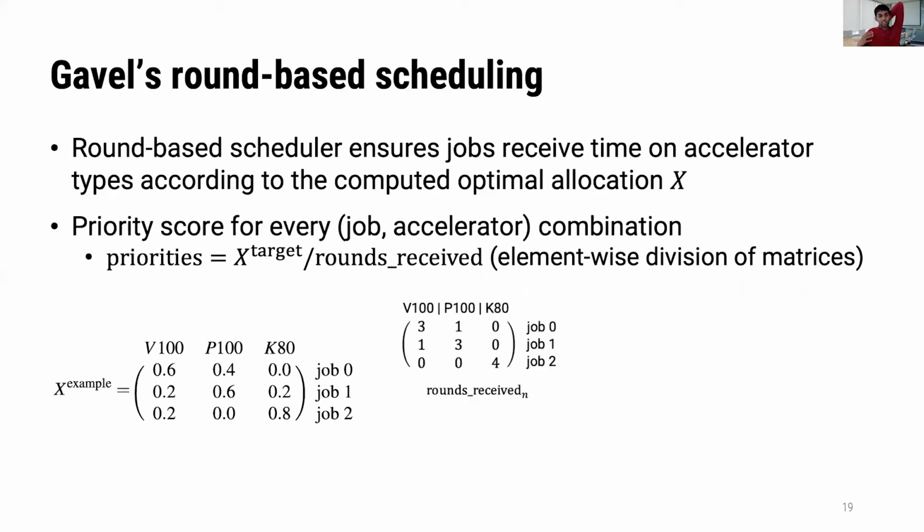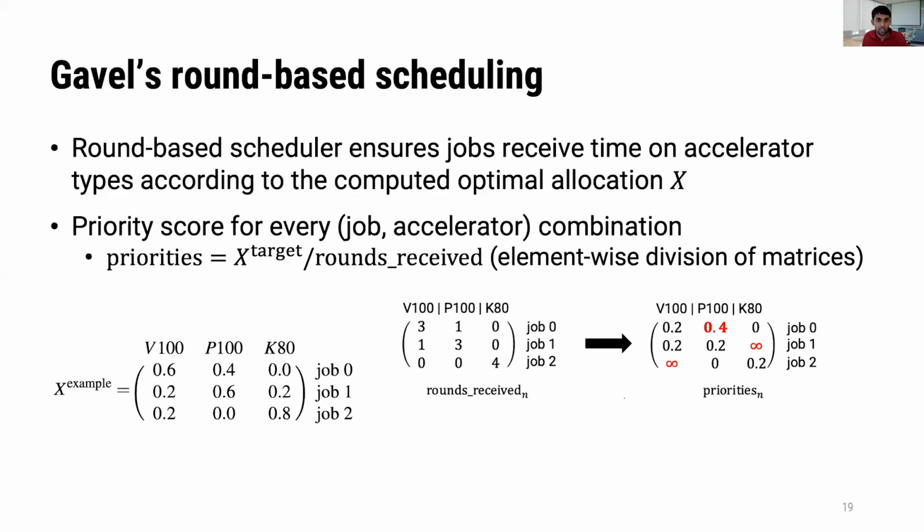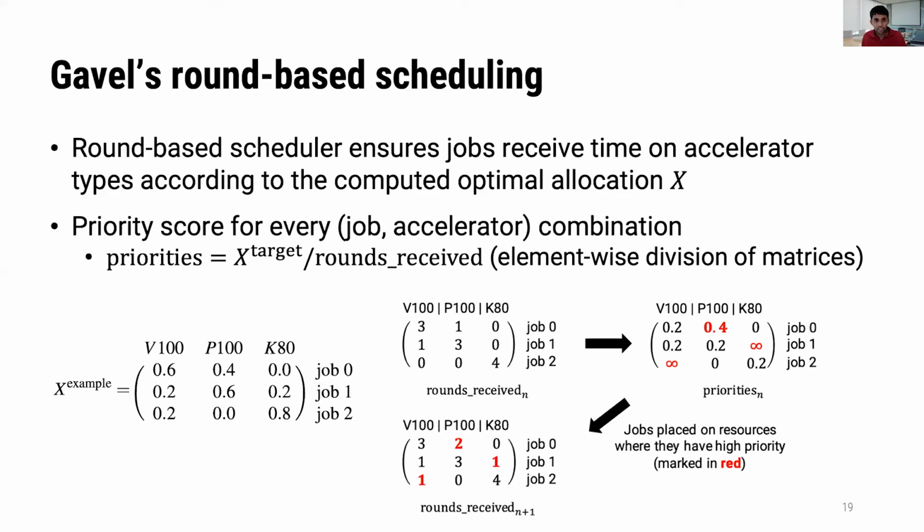Let's say that each of these jobs had received rounds according to this matrix, rounds received. We can then compute the priorities matrix, which is just the ratio of the allocation and the rounds received matrices. And then jobs can be placed on resources where they have highest priority. The intuition with the priority scores is that they're high if a job receives fewer rounds compared to what it should have received according to its optimal allocation.